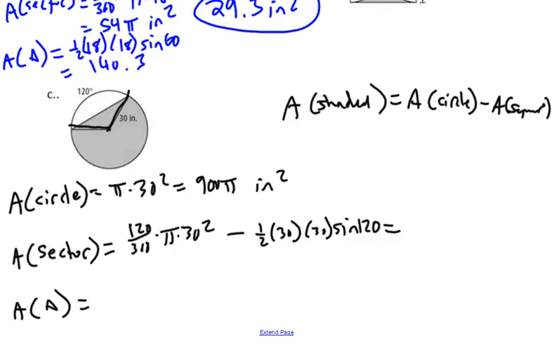And I end up getting for that, that is going to be 552.8. And I didn't leave it in terms of pi right now, but that would be inches squared. Oh, so in order to find the area of the sector, I should have said, oh, that's right. That was actually the area of the segment. Whoops.